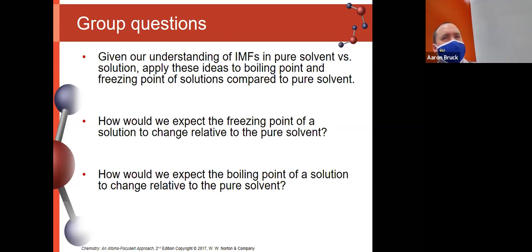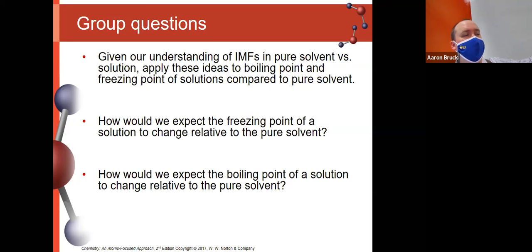Now, we've already rationalized the top end of the spectrum. Vapor pressure lowering means increase in boiling point. But the freezing point dropping is something that we really haven't considered. We haven't really talked about the phase transition between the liquid phase and the solid phase.